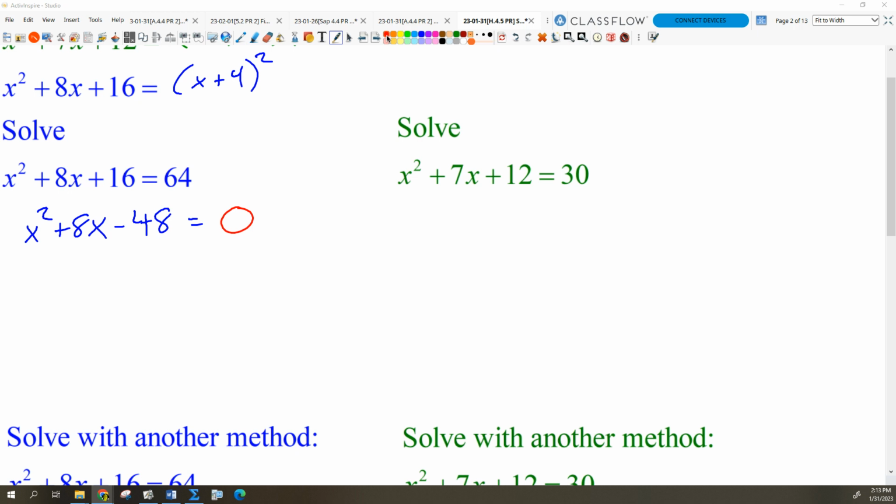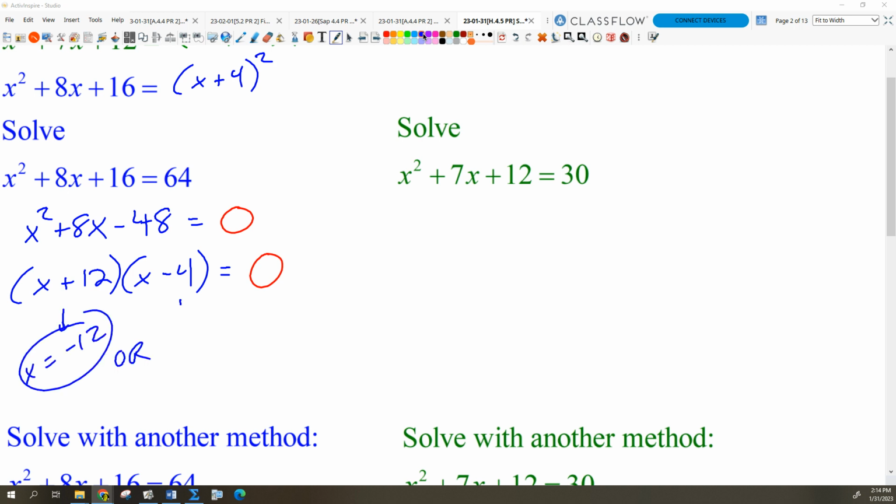So we could factor this, couldn't we? So what's one solution then? Negative 12. Okay, by the zero product property, we know that either x equals negative 12 or x equals positive 4. Okay, good.